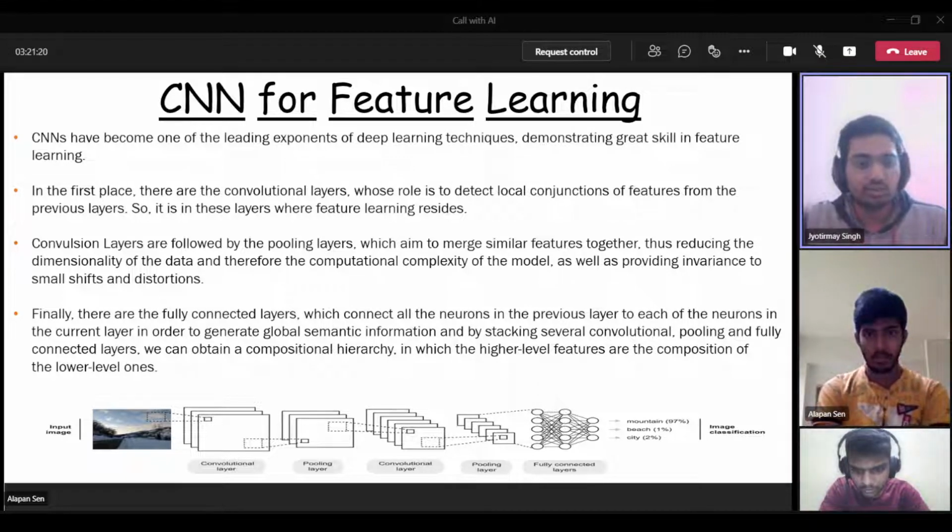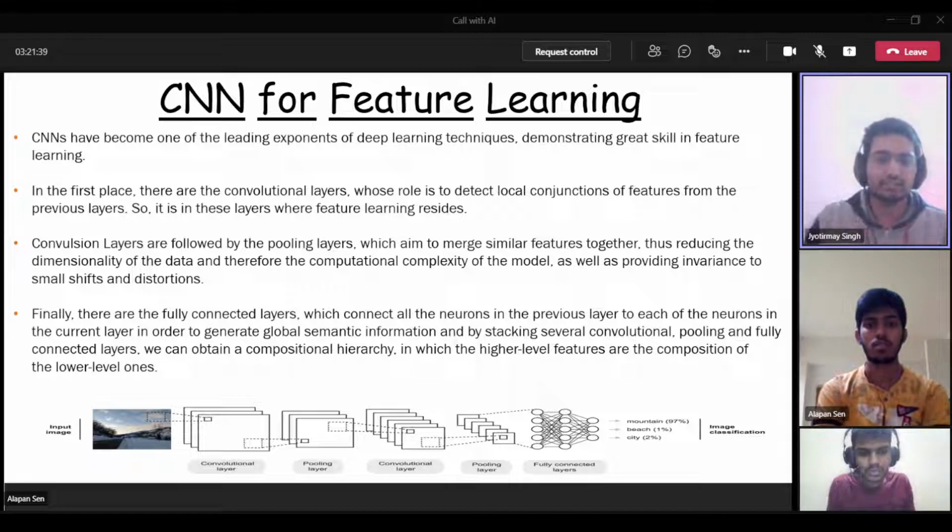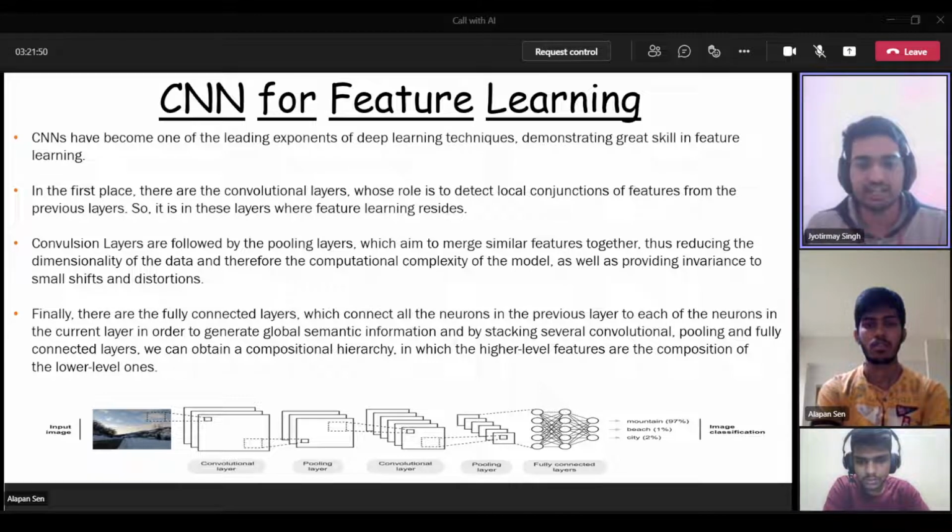Convolution layers are followed by the pooling layers, which aim to merge similar features together, thus reducing the dimensionality of the data and therefore the computational complexity of the model, as well as providing invariance to small shifts and distortions. Finally, there are the fully connected layers, which connect all the neurons in the previous layer to each of the neurons in the current layer in order to generate global semantic information.